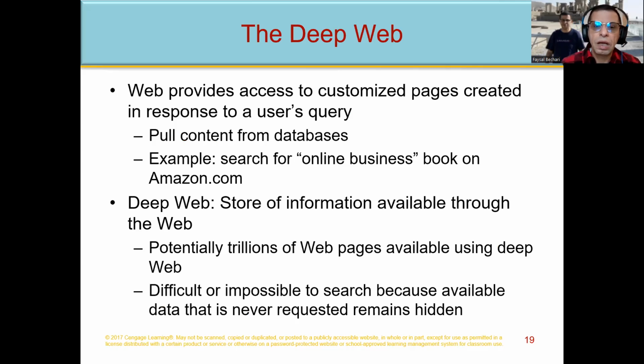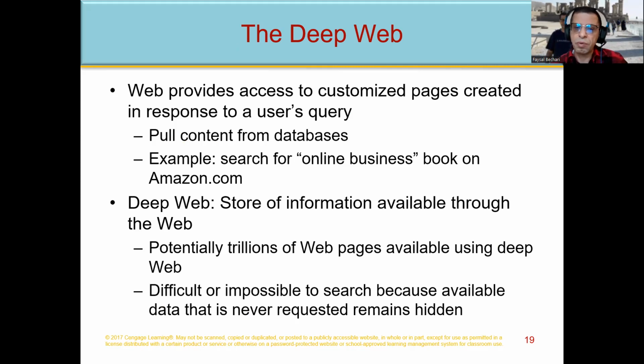Now, the question comes up here: what is the deep web? Usually when you develop a website or information that is not being received, and people are not clicking on it, it doesn't disappear, it goes into the deep web.